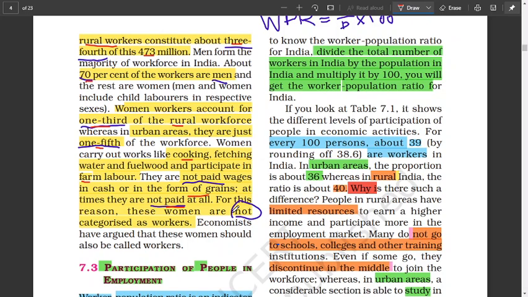So that's why, because they work for free, we have talked about that right from the start, they are not categorized as workers. They work for free means they are not engaged in economic activities. When they are not engaged in economic activities, they are not workers because they don't contribute to the national income. That's the point of a debate.